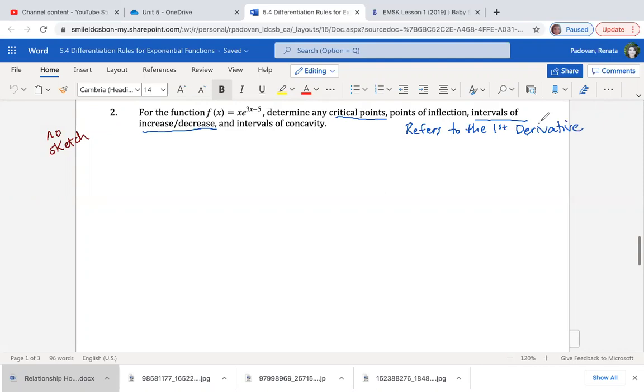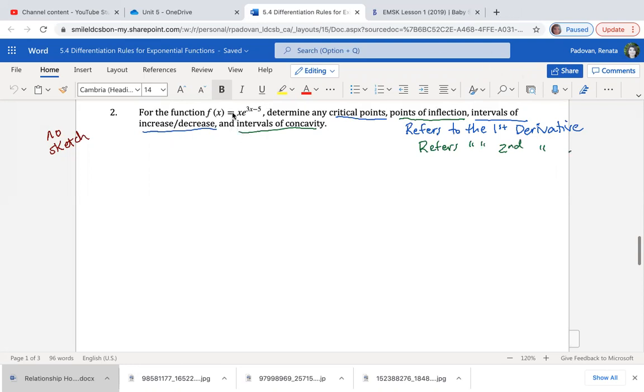So the first derivative is going to tell us if I have any critical points, and then doing our chart will tell us any areas of increase or decrease. And then we also have possible points of inflection and intervals of concavity. That would refer to the second derivative, right? So that's basically what I need to be doing, getting my first derivative and second derivative.